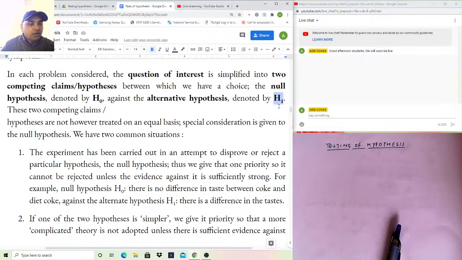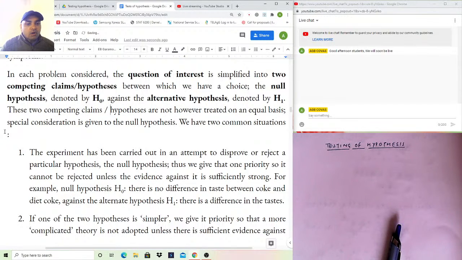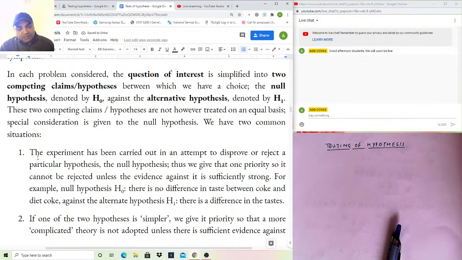And these two competing claims or hypotheses are not, however, treated on an equal basis. Special consideration is given to the null hypothesis, and we have two common situations. What are those common situations? First, consider the null hypothesis: whatever the samples you are having or whatever the variation you are having, null means no, that is, there is no variation.